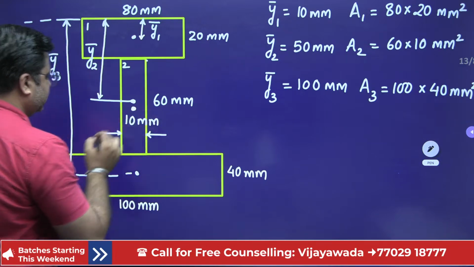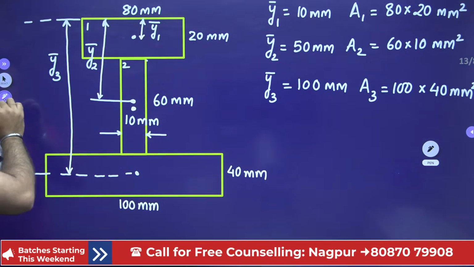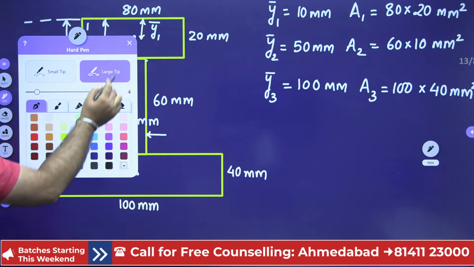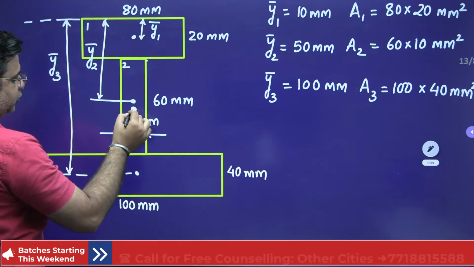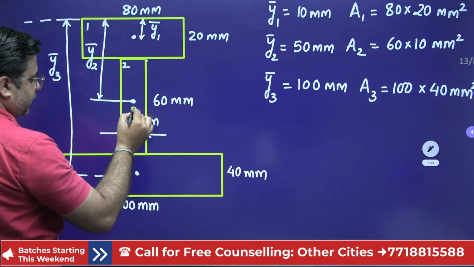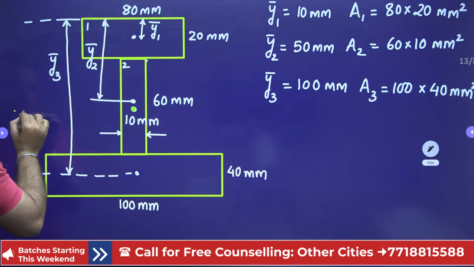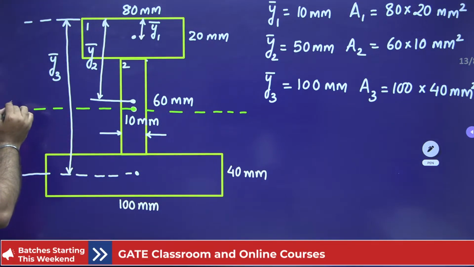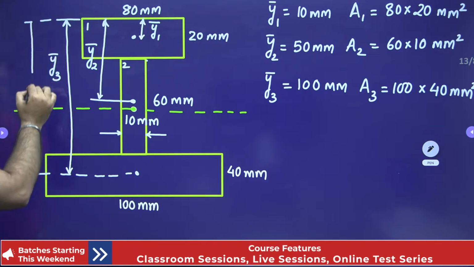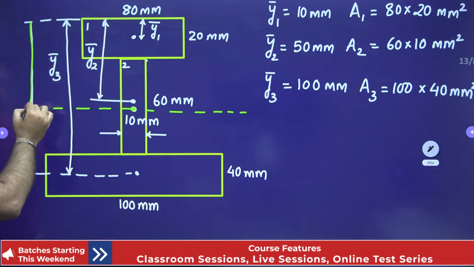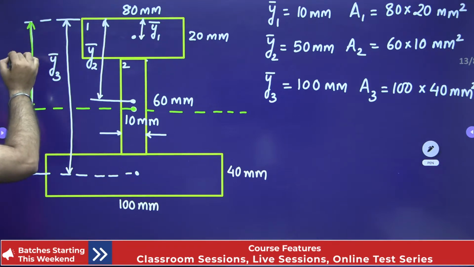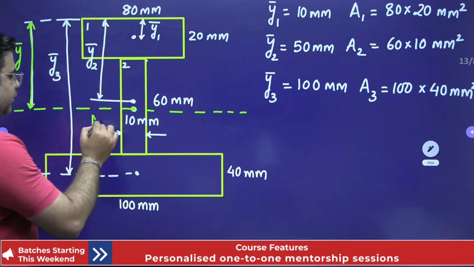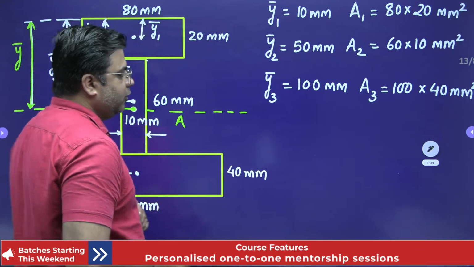Say this is my assumed position of neutral axis, and this neutral axis is at a distance of y bar from the top fiber, right? Now, how to get the value of this y bar?